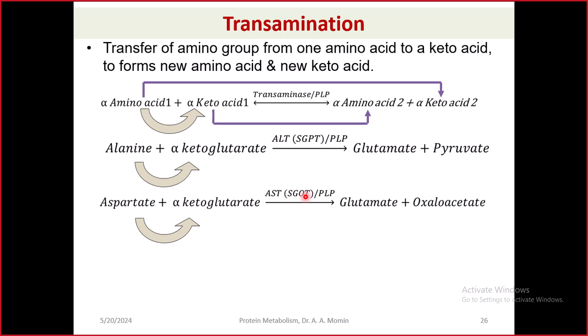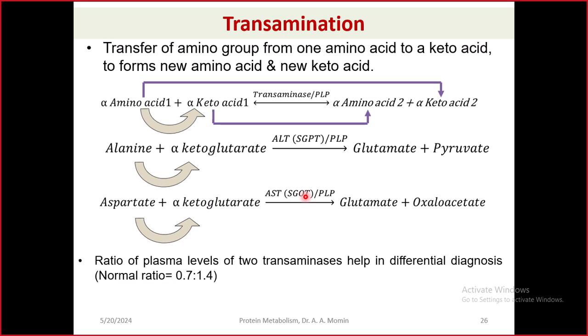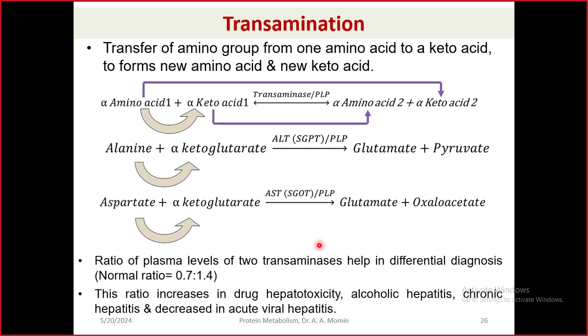that is transaminase. The ratio of plasma levels of transaminases, that is SGPT or ALT to AST, is normally 0.7 to 1.4. It is altered in various abnormal conditions like drug hepatotoxicity, alcoholic hepatitis, chronic hepatitis, and decreased in acute viral hepatitis, because these two enzymes are principally present in the liver.